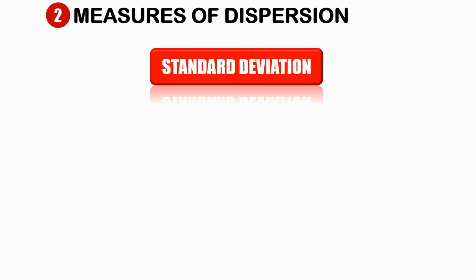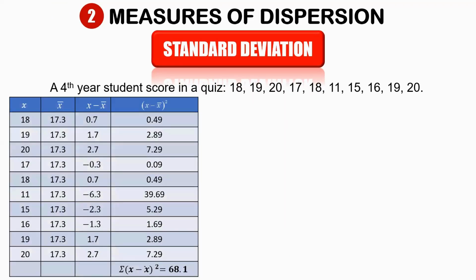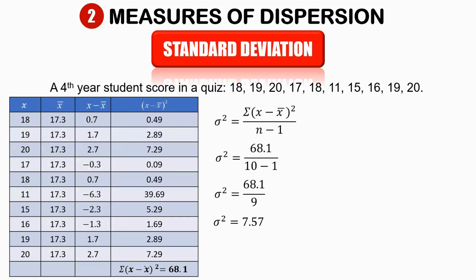Okay, let's take a look at this given example. As we had earlier, we have the same values for the ungrouped data given. Earlier, we got the value of the sample variance, which is equal to 7.57.